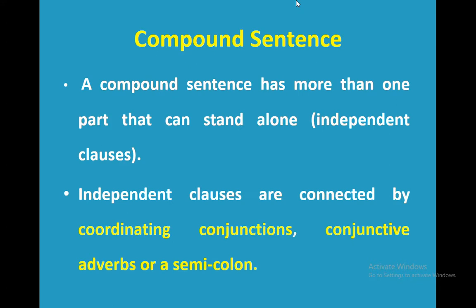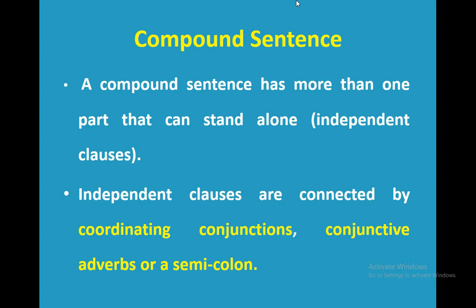Now let's move to the compound sentence. A compound sentence has more than one part that can stand alone. Independent clause. This means independent clause. So if the sentence can stand alone, it's called an independent clause. If the sentence cannot stand alone, we call it a dependent clause.